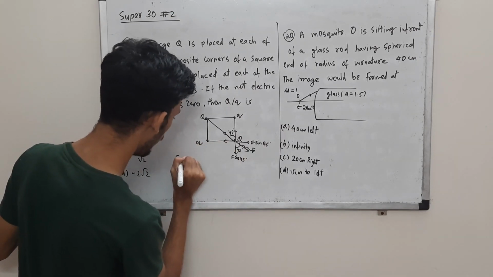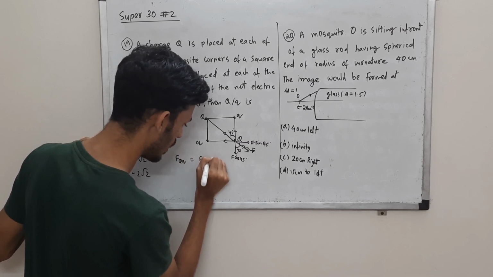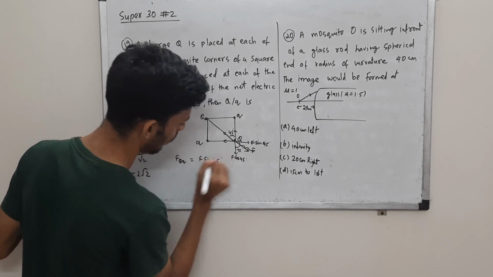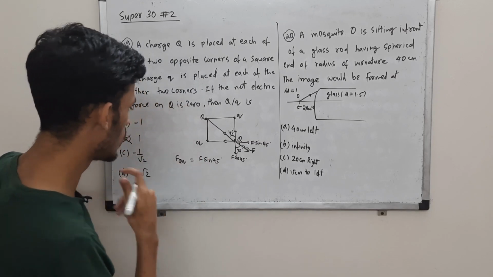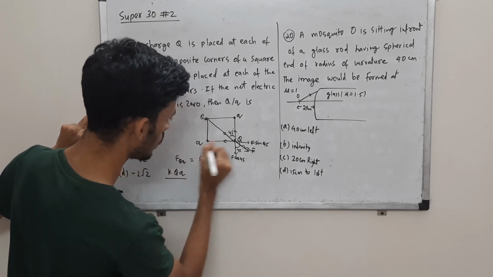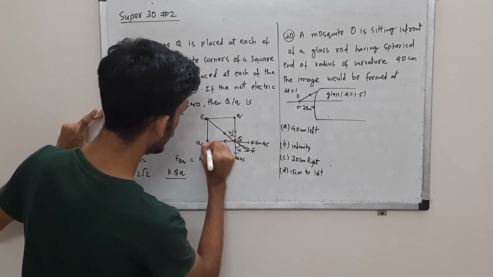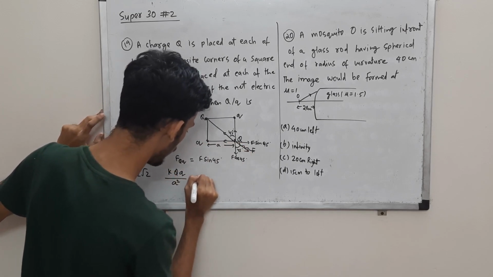F due to capital Q and small q is equal to F sin 45. F due to this capital Q and small q is kqQ, you can use the minus sign also, and let us consider this distance as a, so a square.